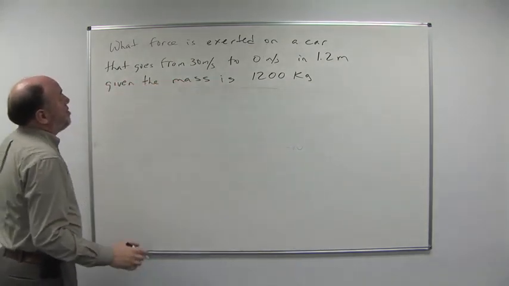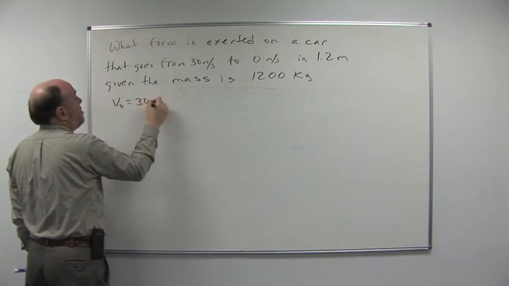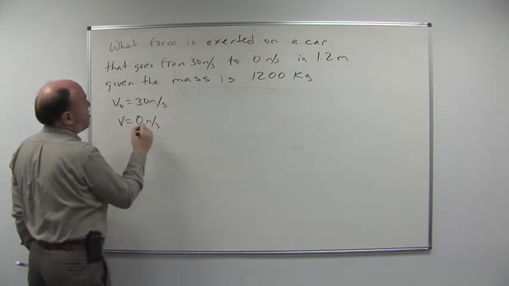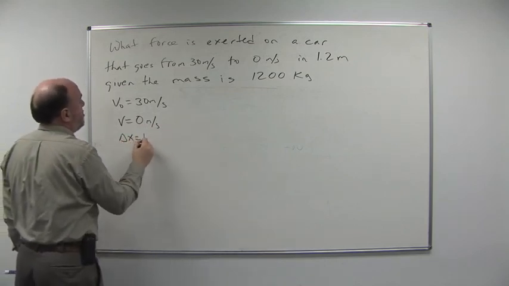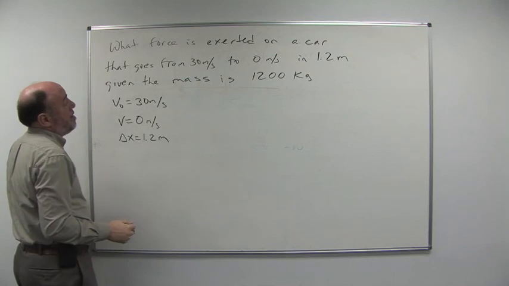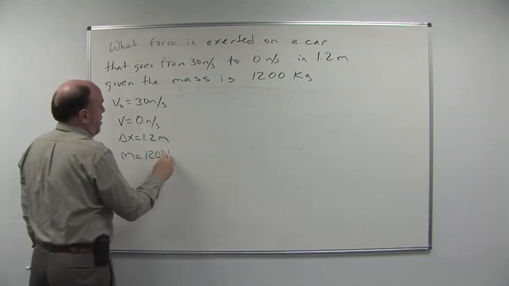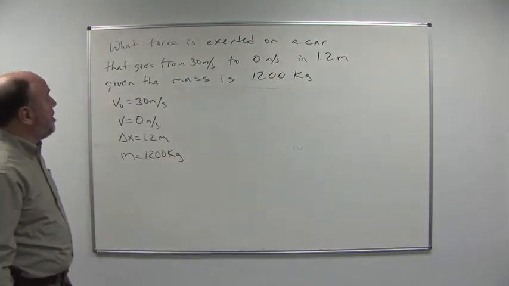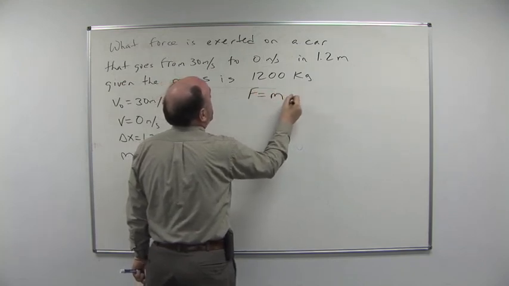So first off, we know that v naught is 30 meters per second, the final velocity is 0 meters per second, delta x is 1.2 meters, and the mass of my car is 1,200 kilograms. I want to find the force. Well, we have Newton's second law, which says F equals ma.